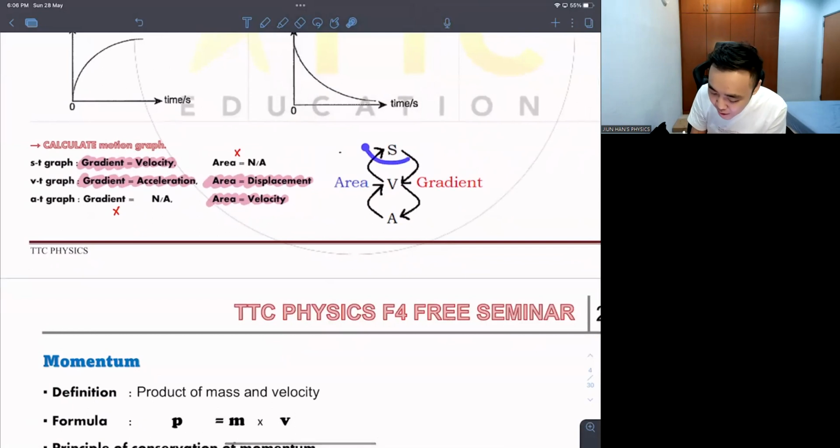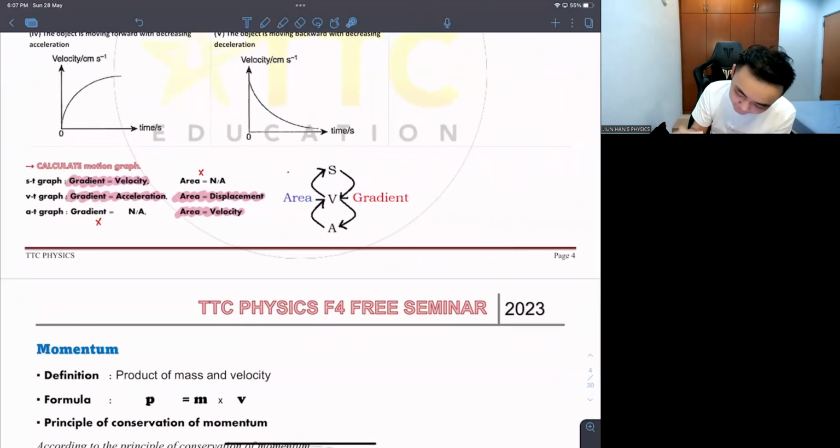By chance, if they give you this one, they ask for A, they won't. By chance, if they give you this one, they ask for S, they won't. It's always one level up or down only. S can only calculate V. A can only go up one step. That's why VT graph can go up and down one step. Understand? So that's the trick. Are we good?